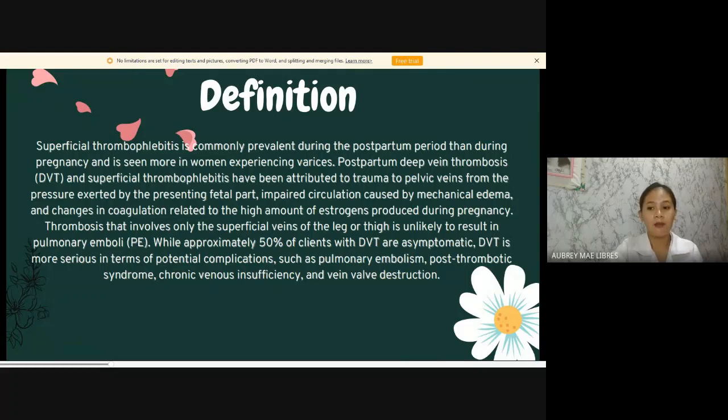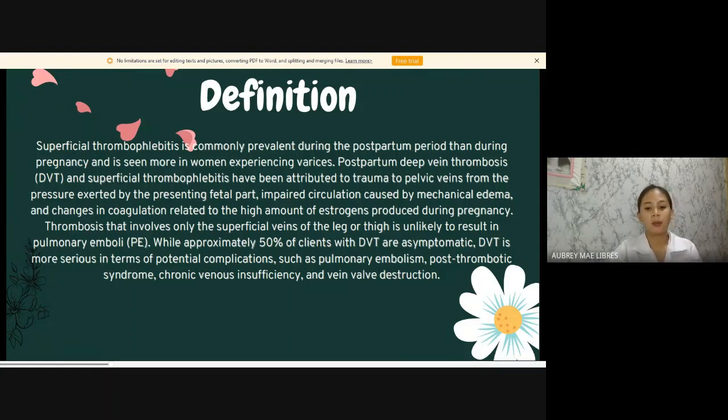Postpartum deep vein thrombosis, or DVT, is also attributed to trauma to the pelvic veins from the pressure exerted by the presenting fetal part, impaired circulation caused by mechanical edema, and also changes in coagulation related to the high amount of estrogen produced during pregnancy.